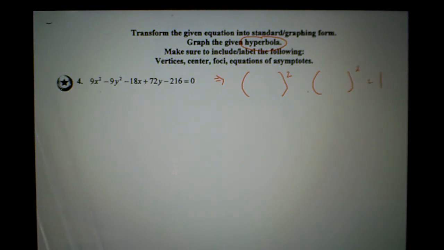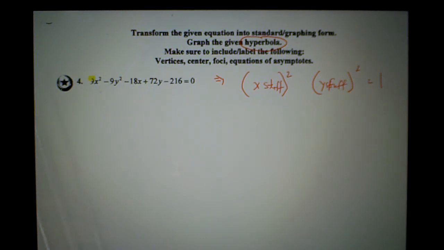And one of these groups is going to be X stuff, and this is going to be Y stuff. And one of the groups is going to be positive, and one of the groups is going to be negative. And that's because they told me I have a hyperbola. Without telling me I have a hyperbola, right? You know, don't you? Right?